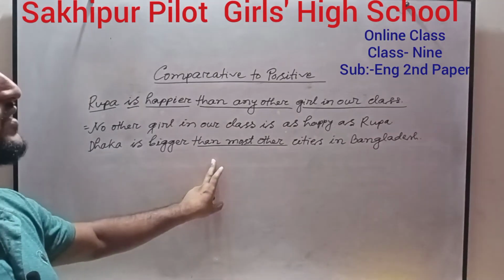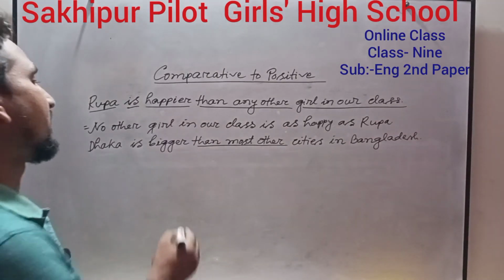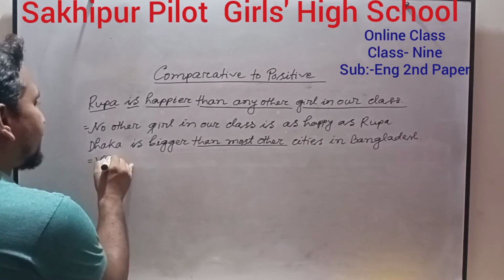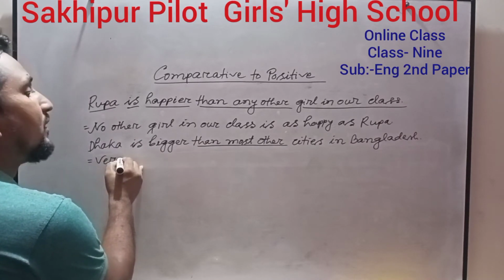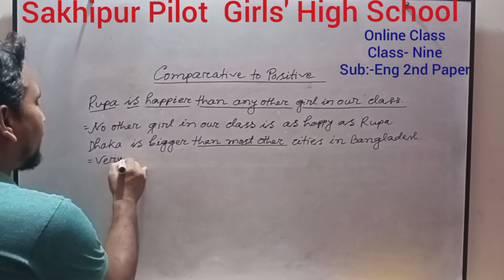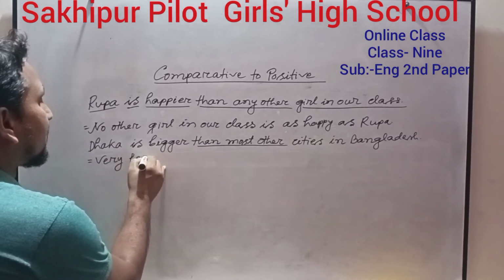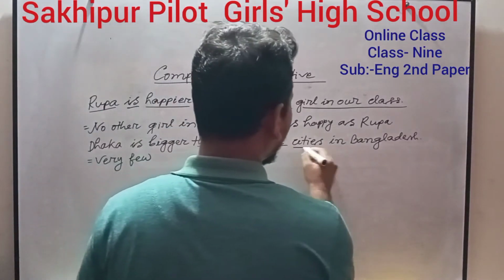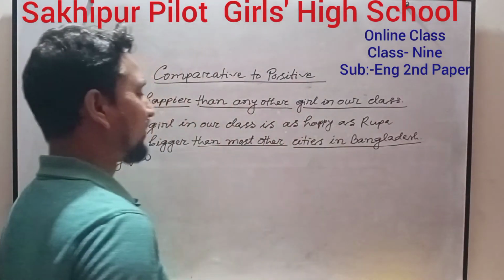If you want to change this sentence into positive degree, at first you have to write "very few" instead of "than most other". Very few. Then you have to write cities in Bangladesh.